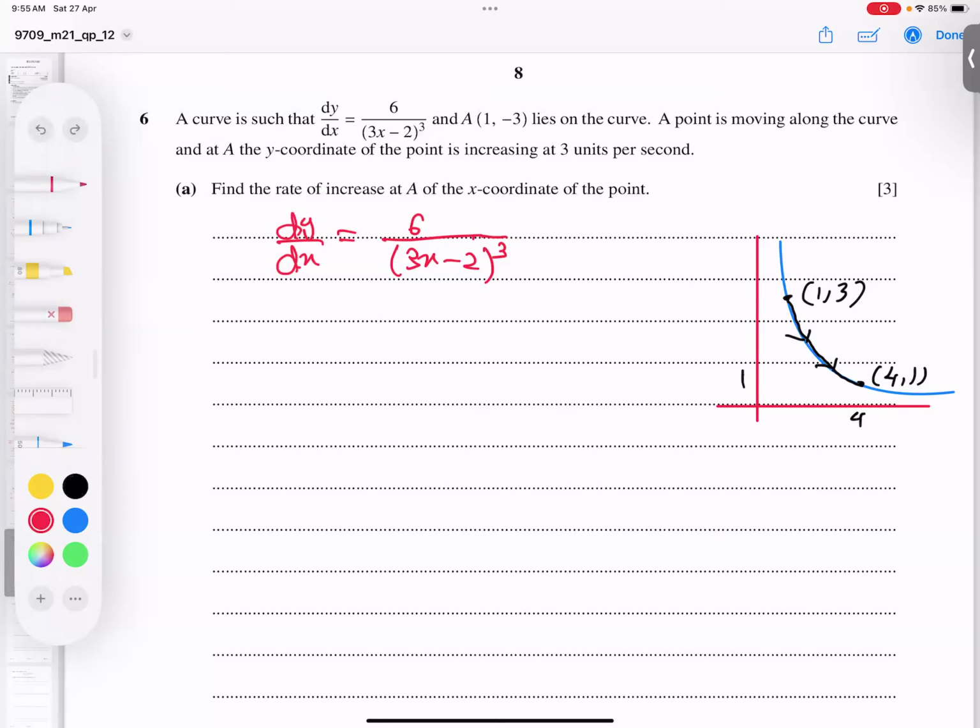So whenever he says here, the y coordinate of the point is increasing at 3 units per second. Second is called time, and units stand for x and y. So I can guess from here, this is given y. So this is y.